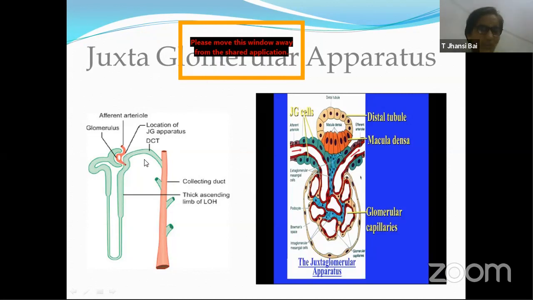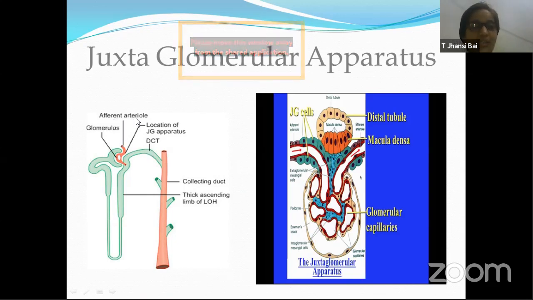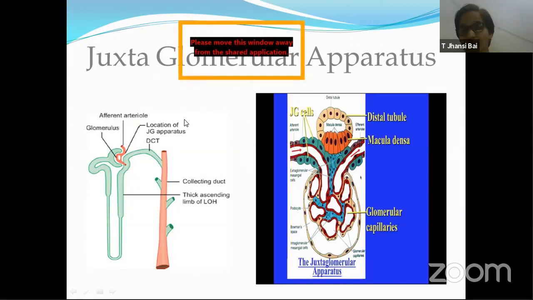Some of the smooth muscle cells of the afferent arteriole, which is bringing blood into this, get specialized to perform a special function, and we call them juxtaglomerular cells, or JG cells.